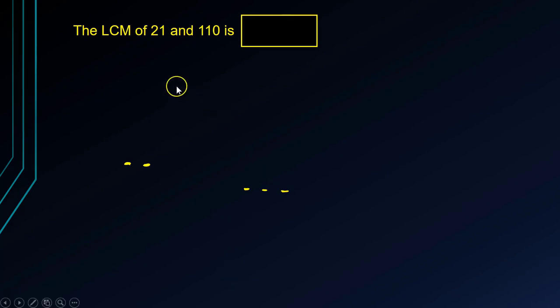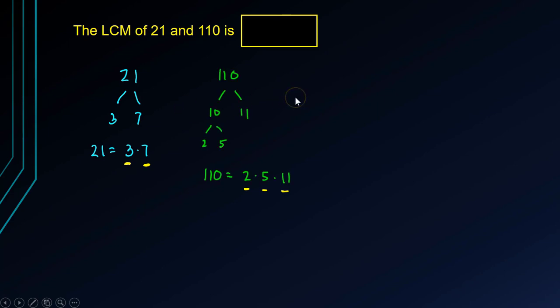So the LCM of 21 and 110. There are their prime factorizations. And as you can see here, they don't have any prime factors in common. This was a 3 times 7. This doesn't have any of that. This is a 2 times 5 times 11. This doesn't have any of that.